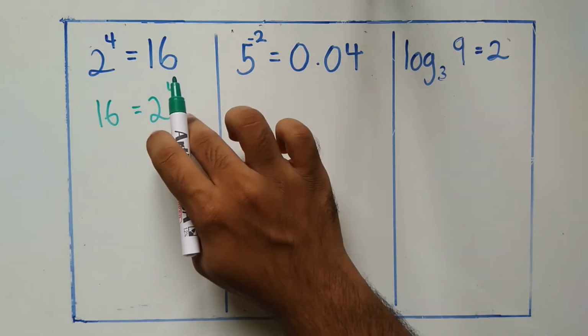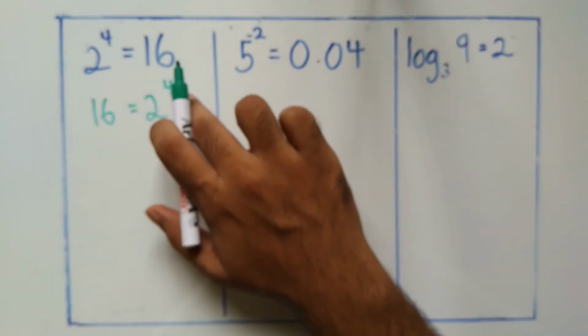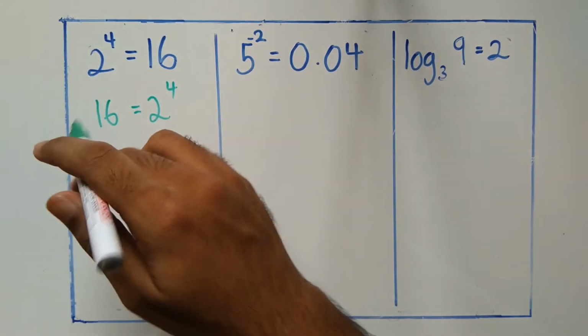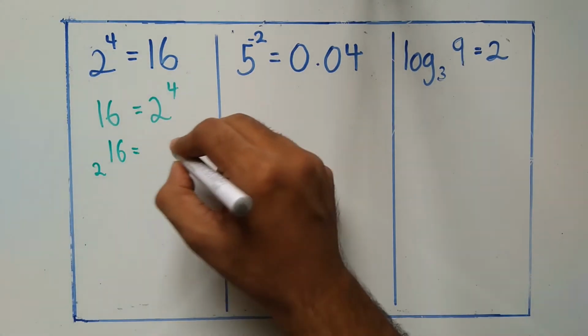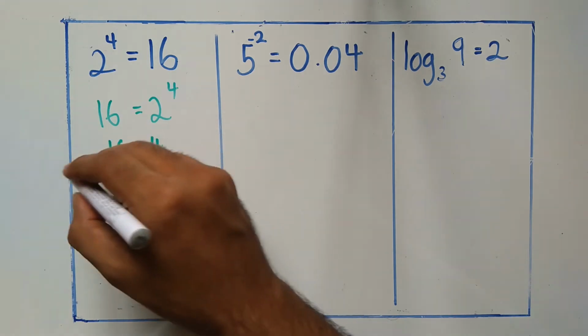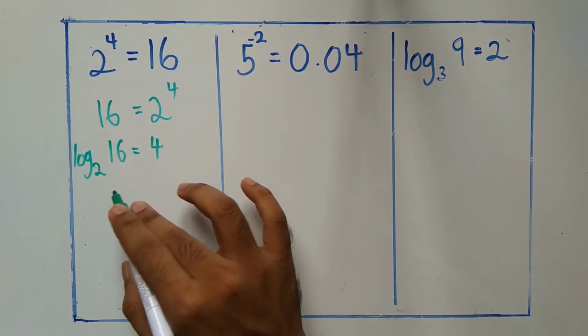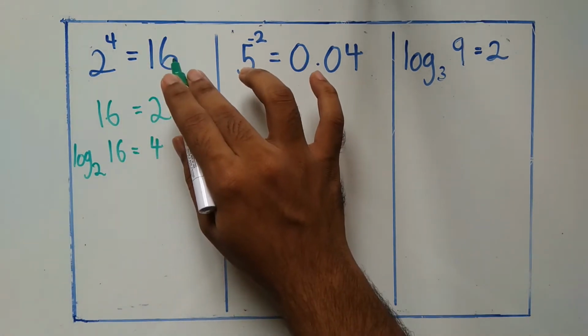Then you slide 2 down to the other side of the equation, and you slide 4 to the right hand side of the equation. You get this, and you include log. This is the logarithmic form of the index form.